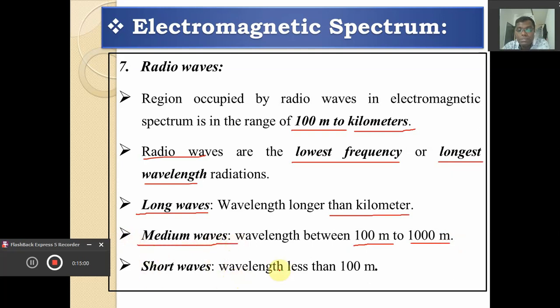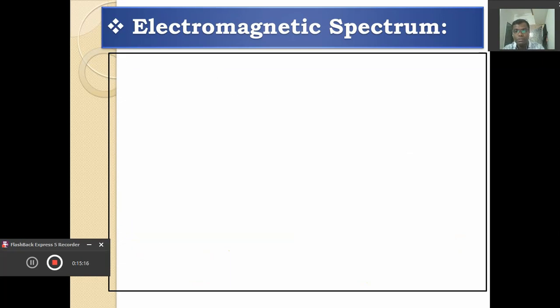And if the wavelength of radio waves is less than 100 meters, then they are called short waves. So there are three types of radio waves, long waves, medium waves, and short waves, based upon their values of wavelength.